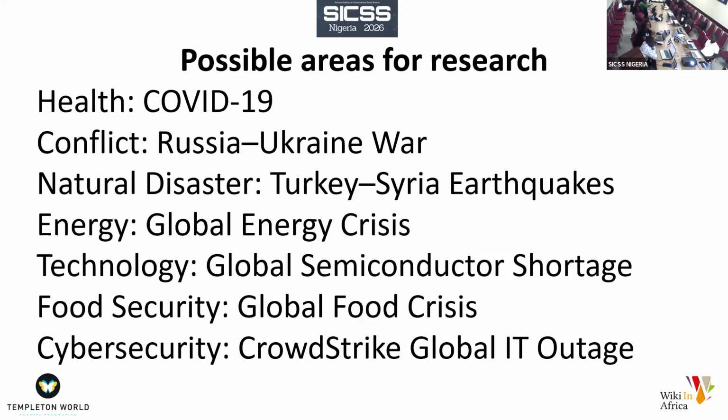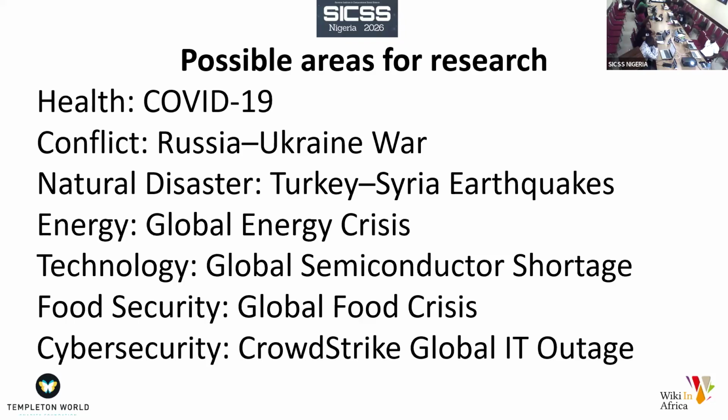So please, it's for us to brainstorm and come out with a very strong research topic in any of these areas that we can lay hands on using Wikidata, because that's the data set we'll be using, and then we can come up with a very strong concept note. The research will not end here, that I can tell you.